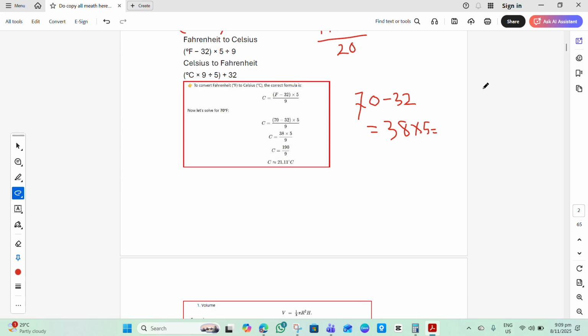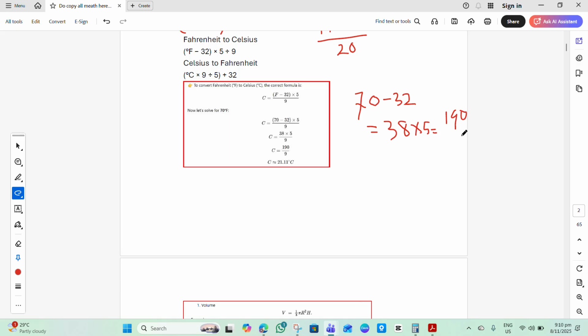Because Fahrenheit allows 100 degrees Celsius, so we convert Fahrenheit to Celsius. So 38 multiplied by 5 is 190.